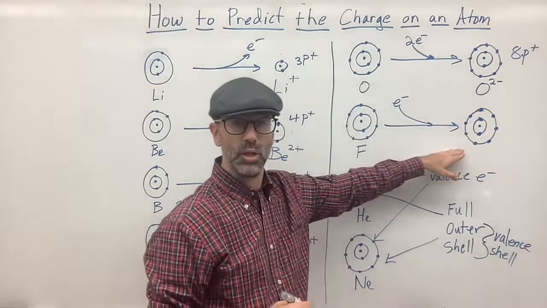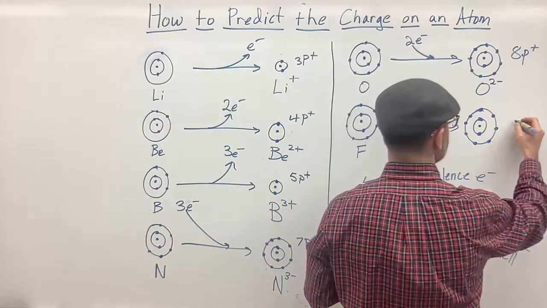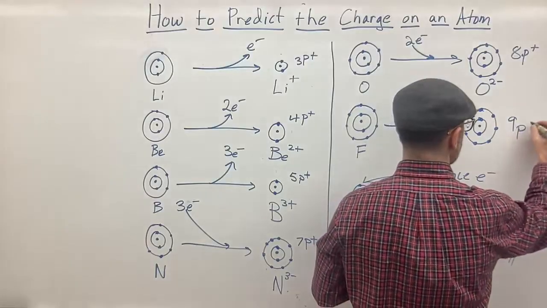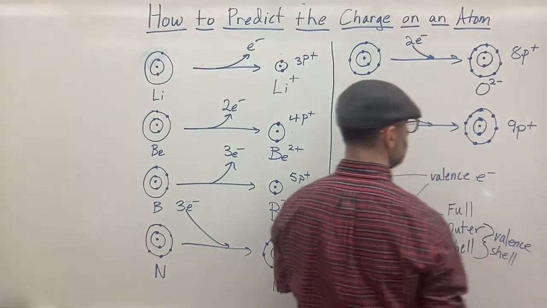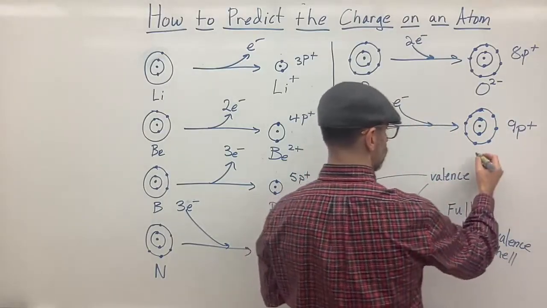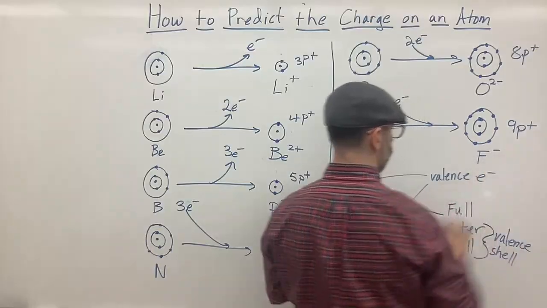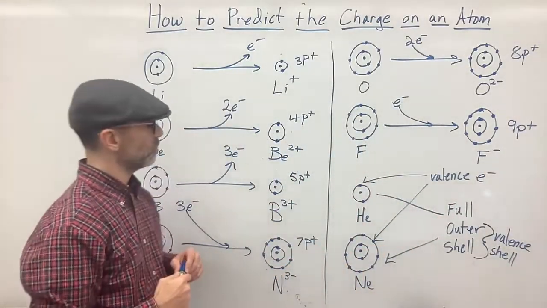So again, a total of 10 electrons. The number of protons here is 9. And so that means it has 1 extra electron, so the charge on fluorine is going to be a -1. Again, we don't write the ones.